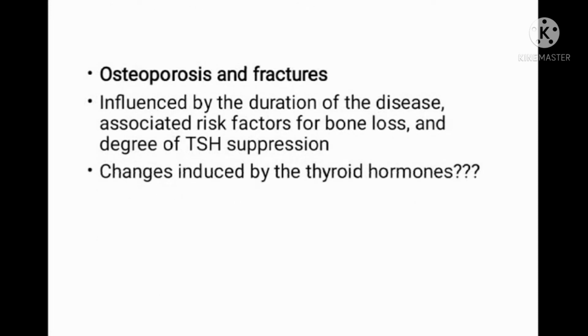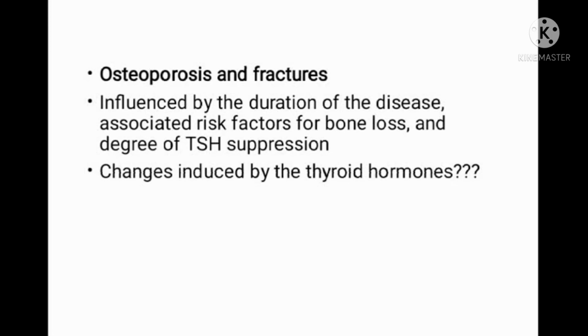When you see the effect on osteoporosis and fracture, the effect of subclinical hyperthyroidism on the bone is usually influenced by the duration of the disease, the associated risk factors for bone loss, and the degree of TSH suppression. Generally, the risk of fracture in adult patients with subclinical hyperthyroidism is a matter of debate, but the risk of fracture is very high in postmenopausal patients not taking estrogen or bisphosphonate.